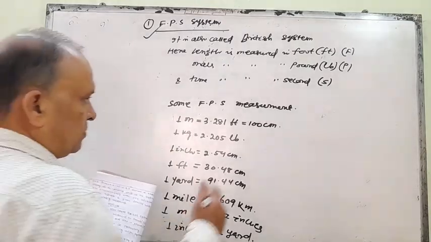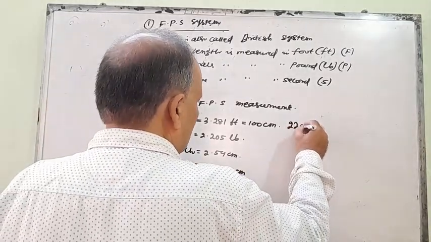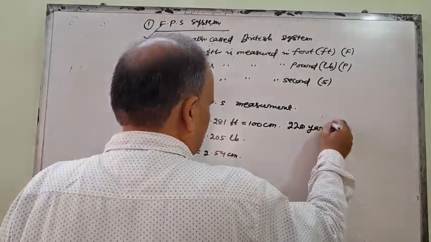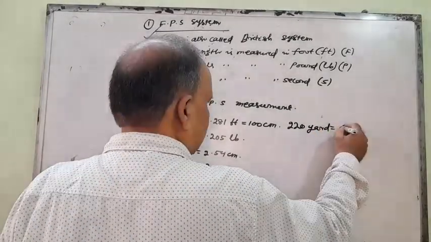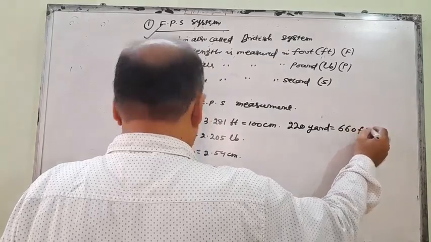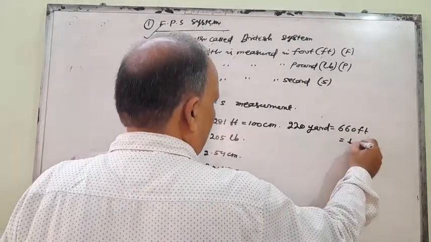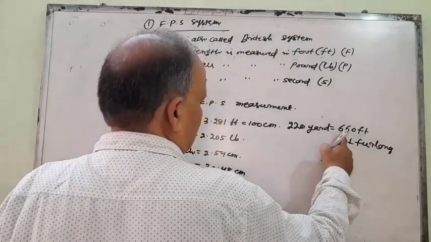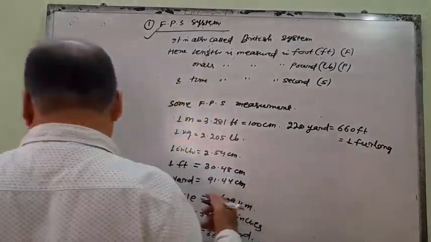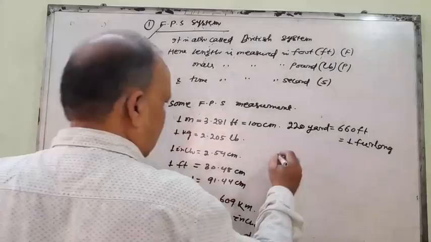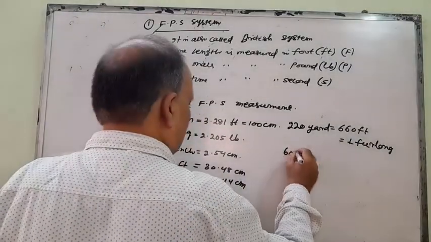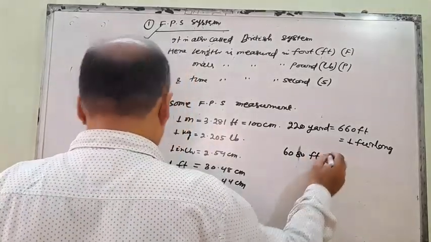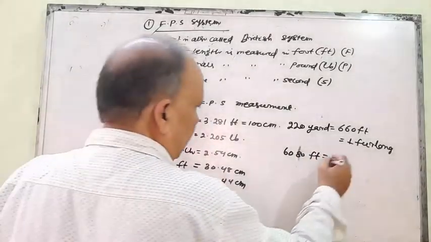Next, 220 yard is equal to 660 feet, that is equal to 1 furlong. 1 furlong distance is 660 feet. Another is 6080 feet, which is equal to 1 nautical mile.